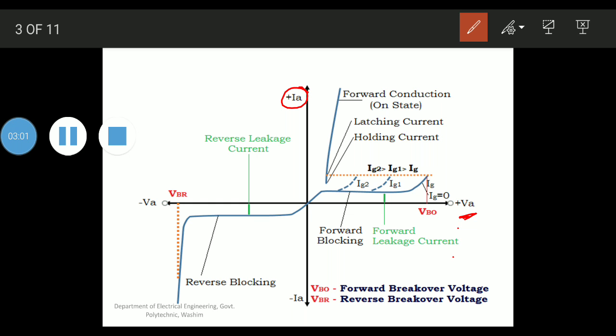As I said earlier, till this region the SCR is in blocking state. After this region, when further voltage is increased, the SCR goes in the conduction state, the voltage suddenly drops down and the current goes on increasing. This region is called as forward blocking region and this region is called as forward conduction region.